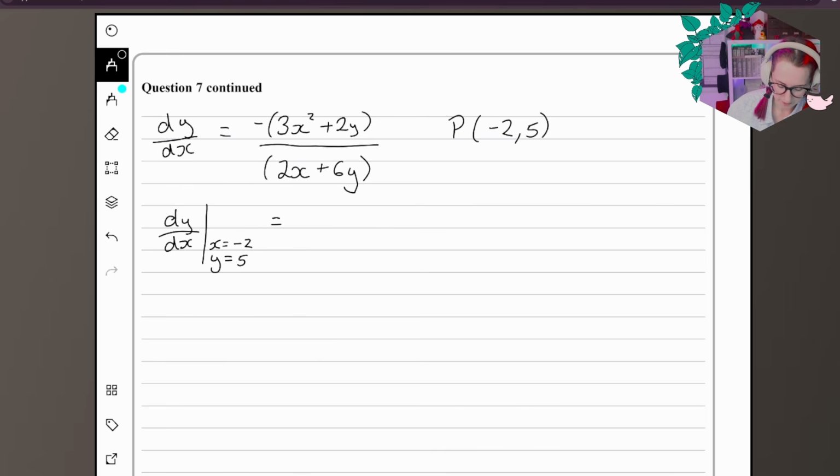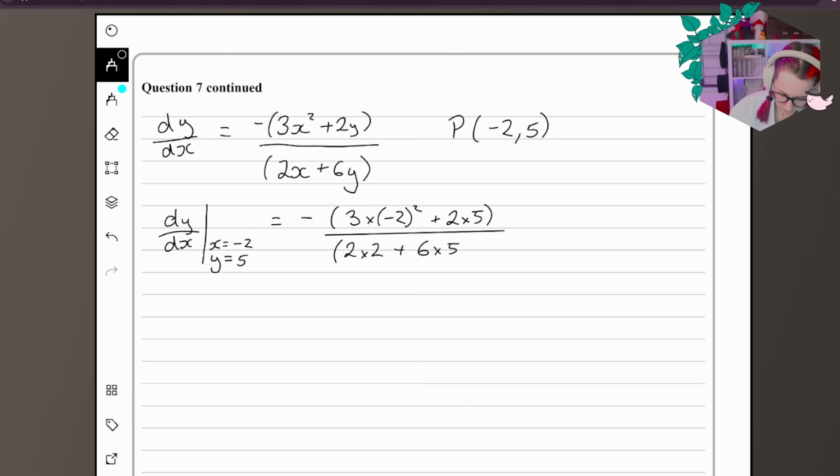Wherever we see an x, we plug in a -2, and wherever we see a y, we plug in a 5. So we should get minus 3 times (-2) squared plus 2 times 5, over 2 times 2 plus 6 times 5. So 3 times 4 plus 2 times 5, so 10. So we get 22. So minus 22 over 4 plus 30.